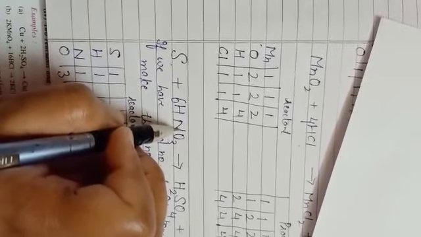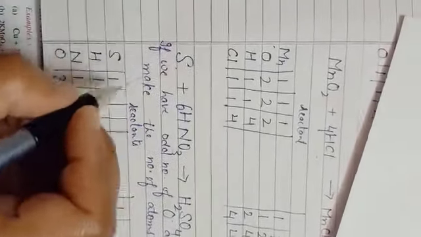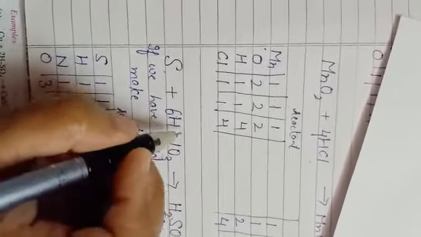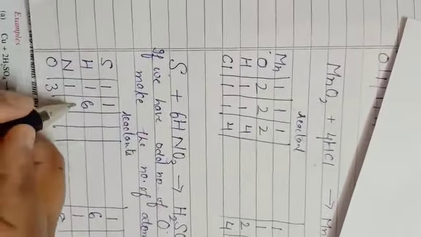So after using the coefficient, now let's count the number of each element once again. So sulfur is 1, hydrogen becomes 6, nitrogen 6 into 1 6, and oxygen 6 into 3 18.